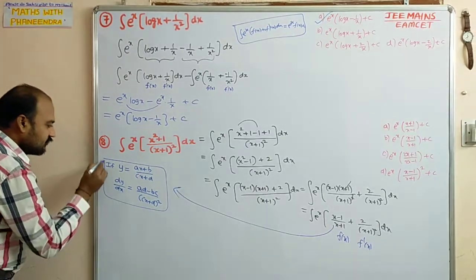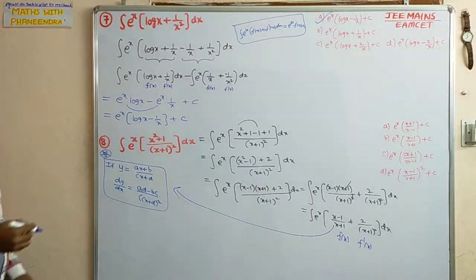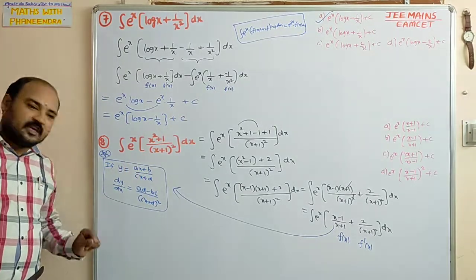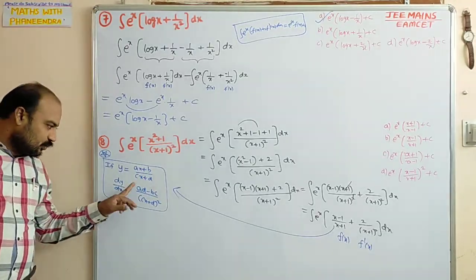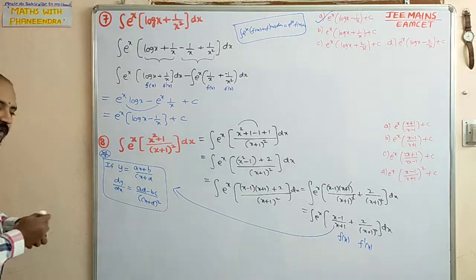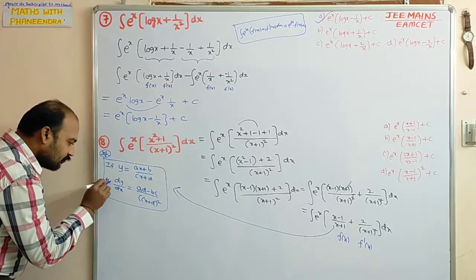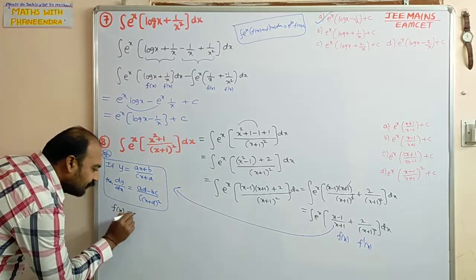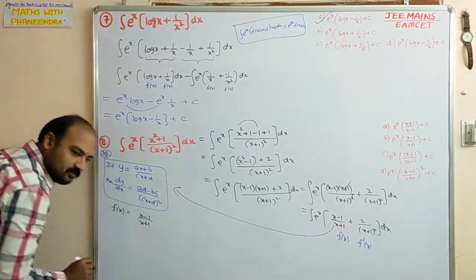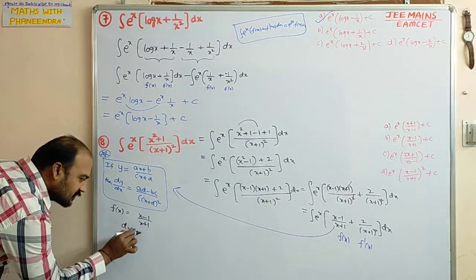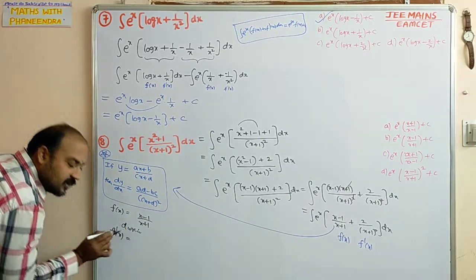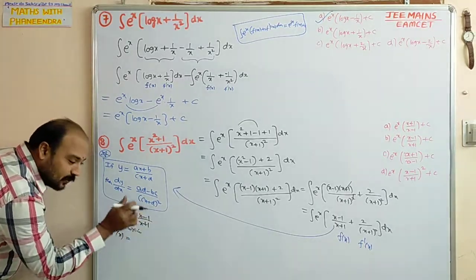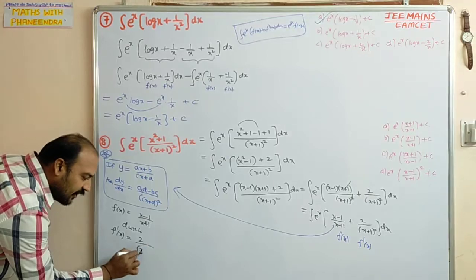You remember, this is a very important shortcut formula in differentiation. Similarly, if you take f of x as x minus 1 by x plus 1 and differentiate with respect to x, f dash of x becomes ad minus bc accordingly: 1 into 1, 1 minus of minus 1 plus 1, 1 plus 1 is 2, divided by the denominator whole square.